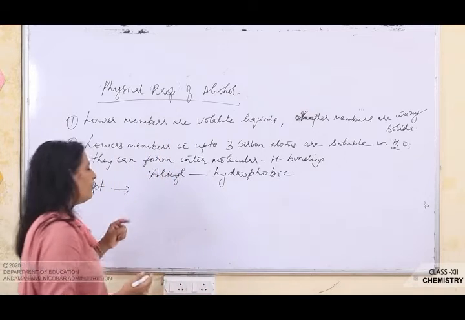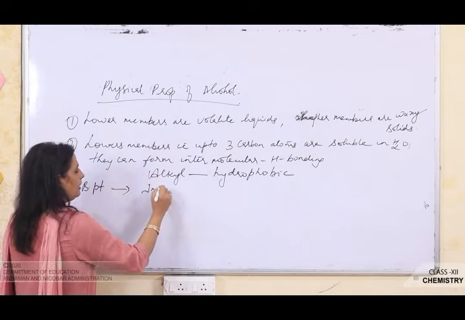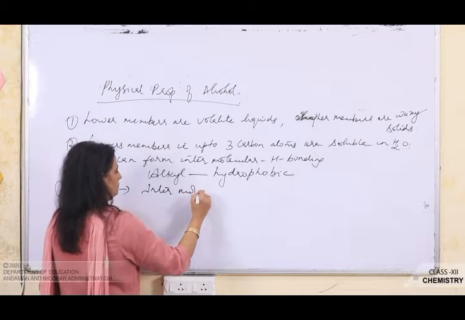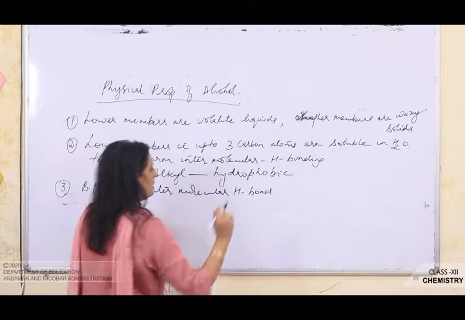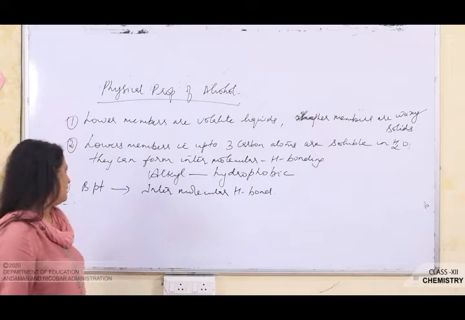Why? Because they can form what? Intermolecular hydrogen bond. So, that is the reason why alcohols have high boiling point.